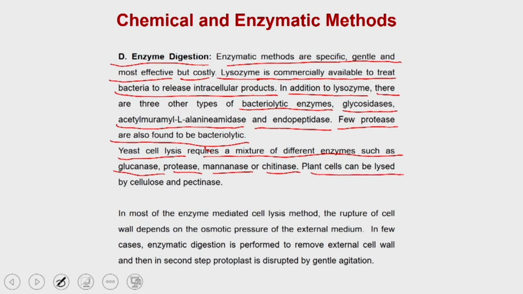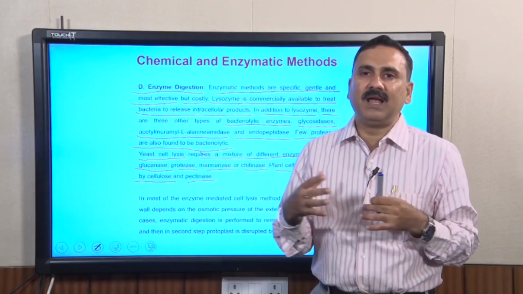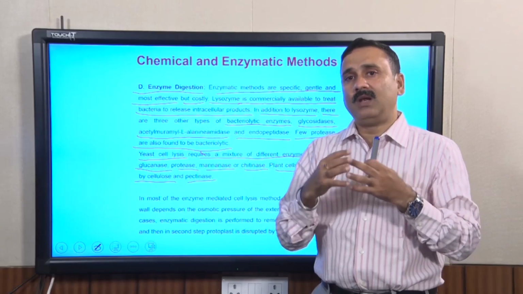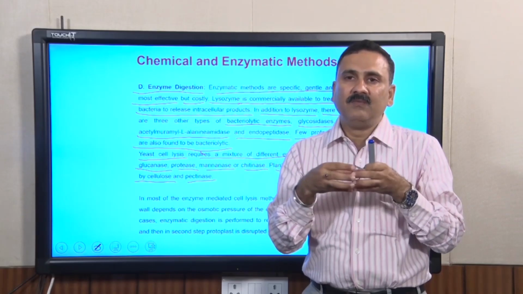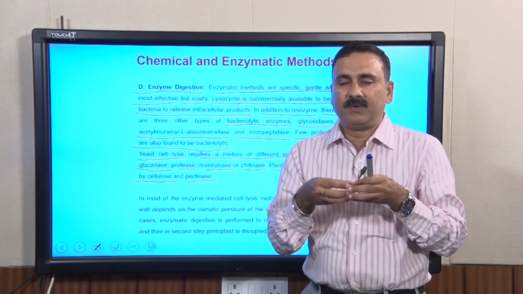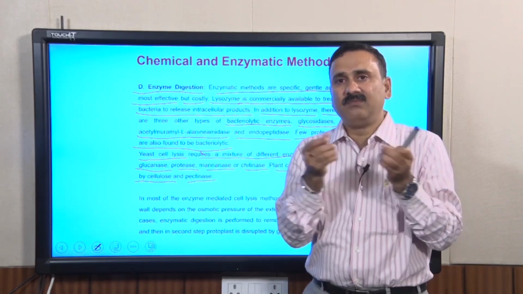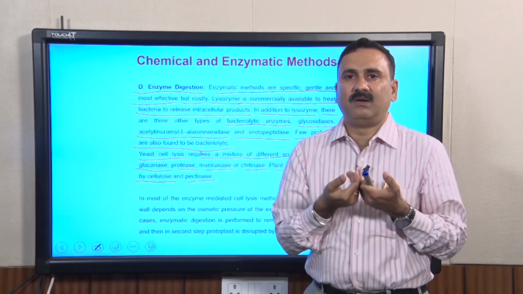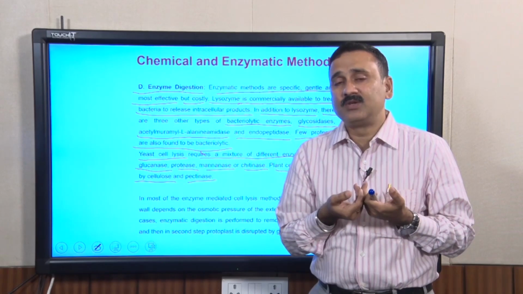Plant cells can also be lysed by the cellulases and pectinases, because the lysis requires you to degrade different barriers. For example, the plant cell has a cell wall, and the cell wall is made up of cellulose. Within the plant cells you have the lignin, which is the material present within the matrix of two plant cells, joining the two plant cells. So, this lignin also has to be degraded.